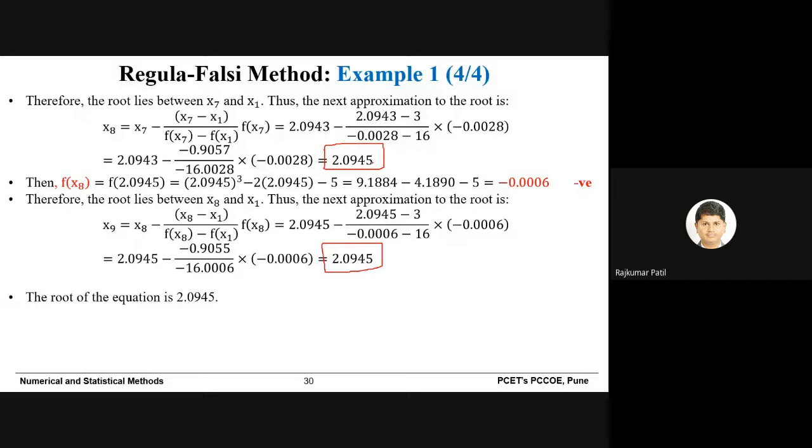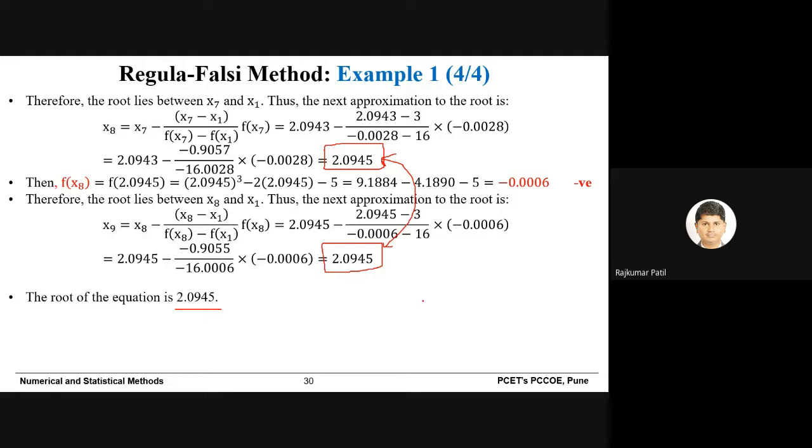So two successive approximations have the same value, so we can say that we received the root of the equation at the desired level of accuracy, and therefore the root of the equation is 2.0945. So this is how we calculate the root of the equation by using the regula falsi method.